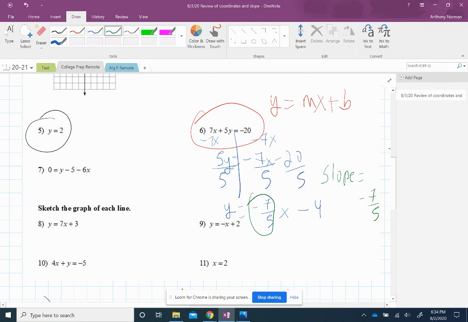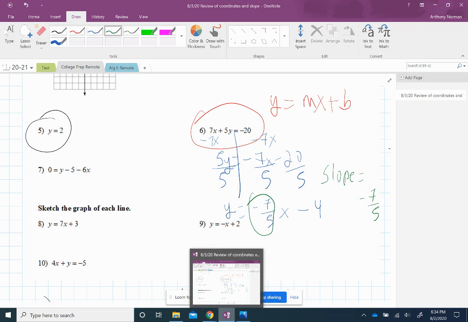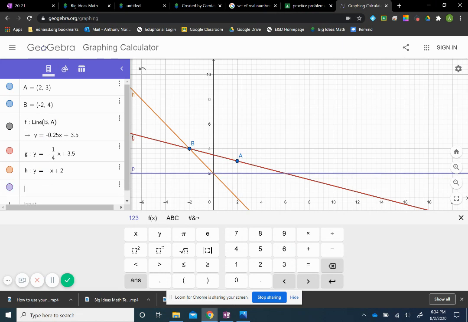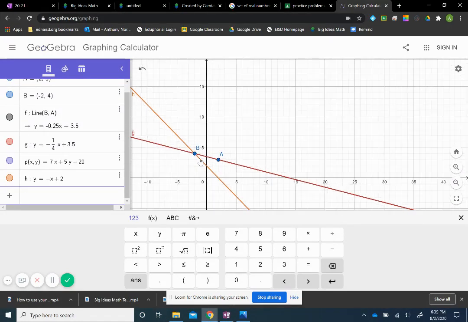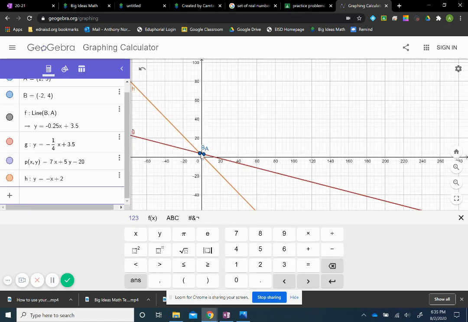And to show that that is correct, we'll go back to our app, 7x plus 5y minus 20. Got to zoom way out.